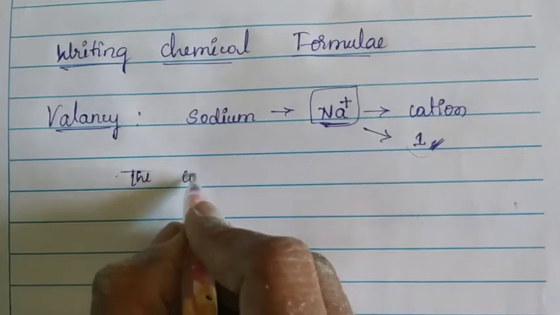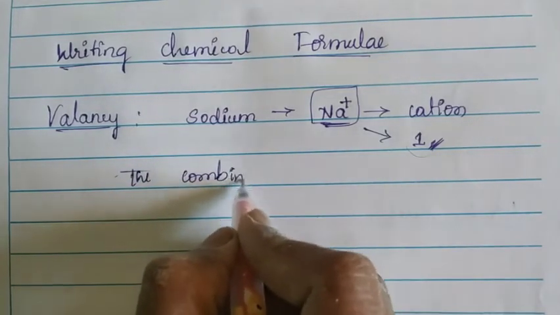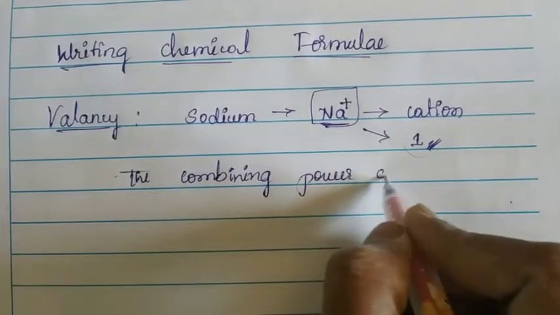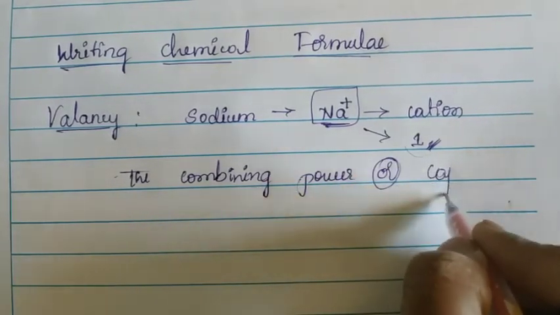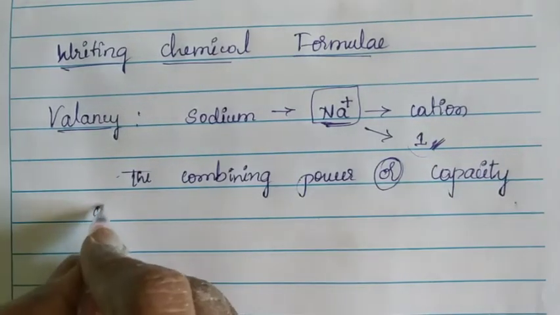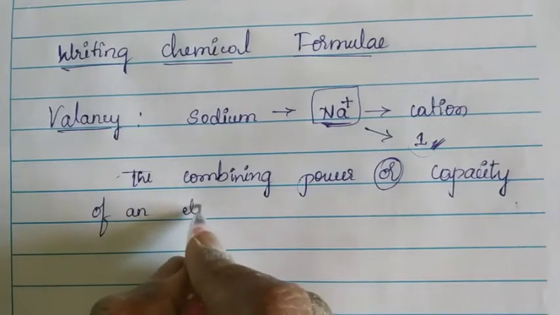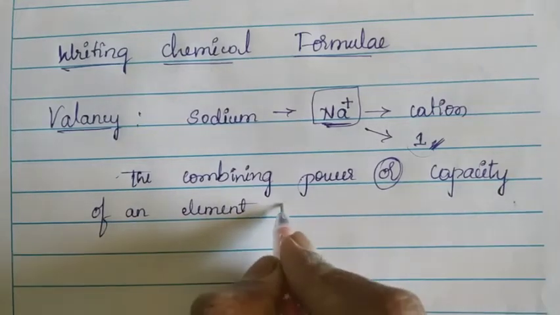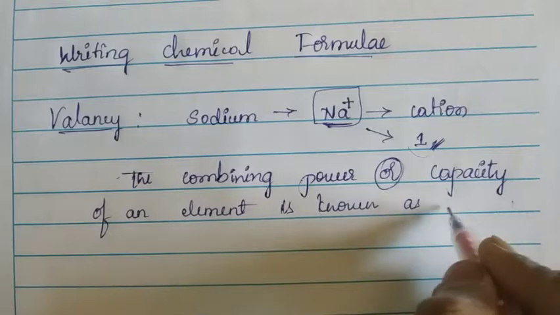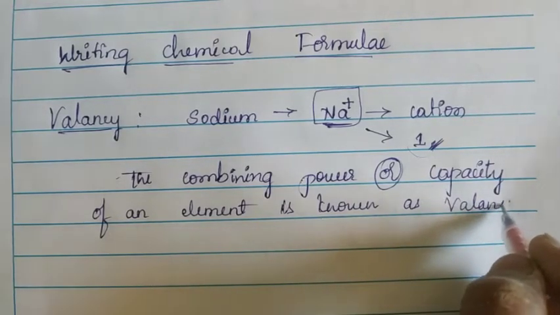The combining power or capacity of an element is known as valency.